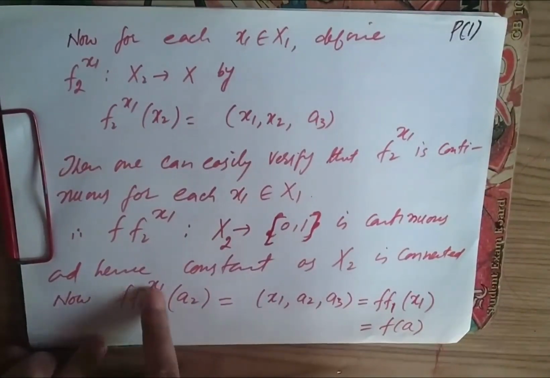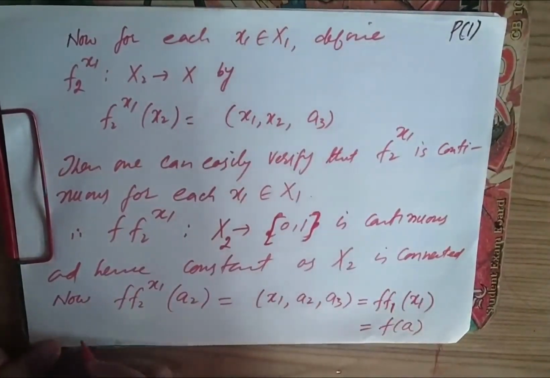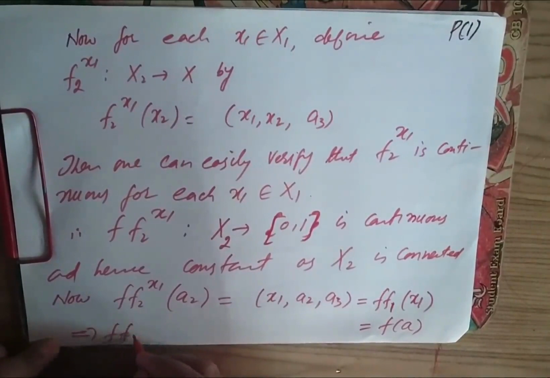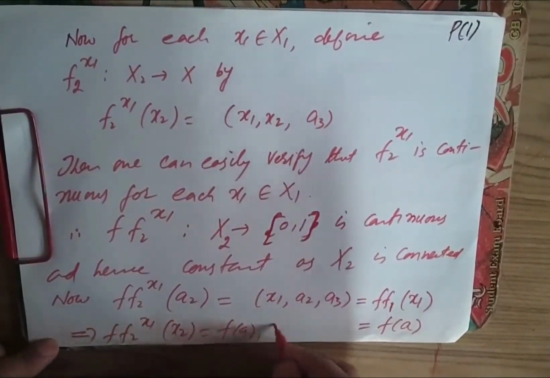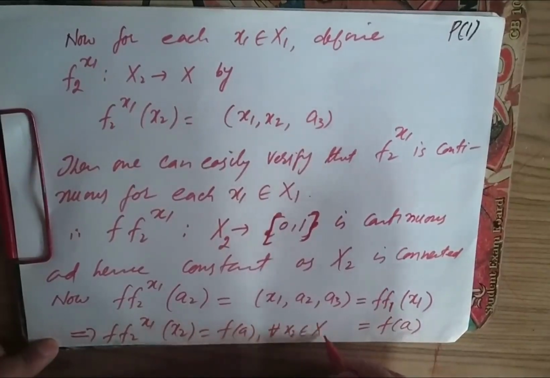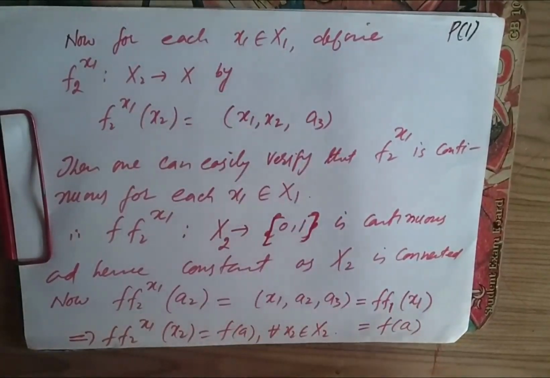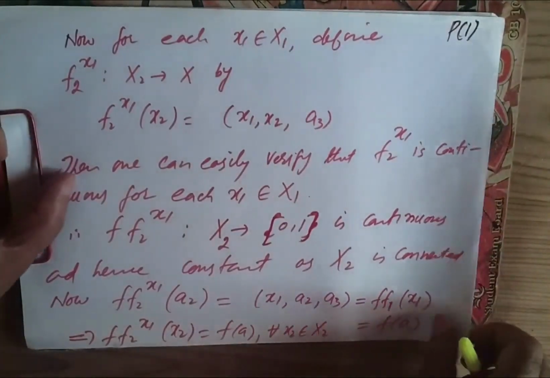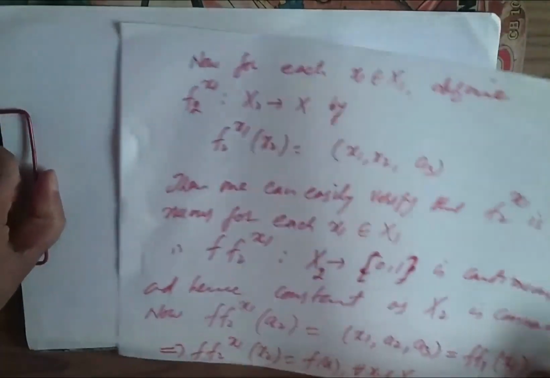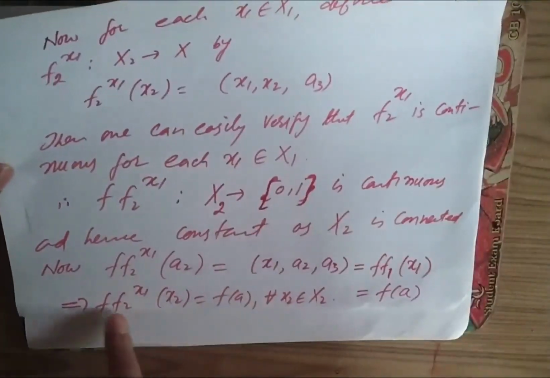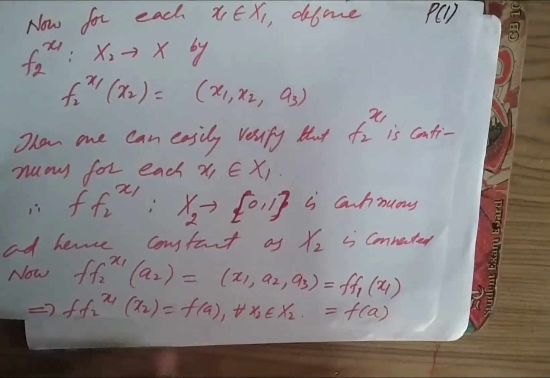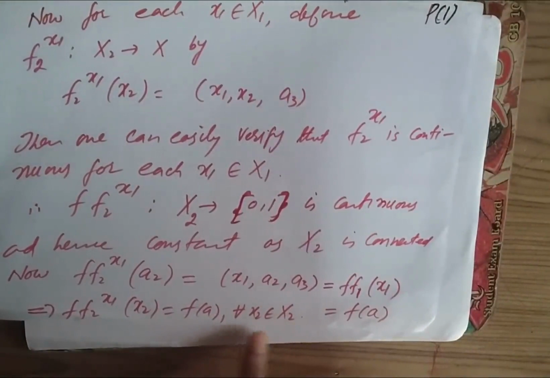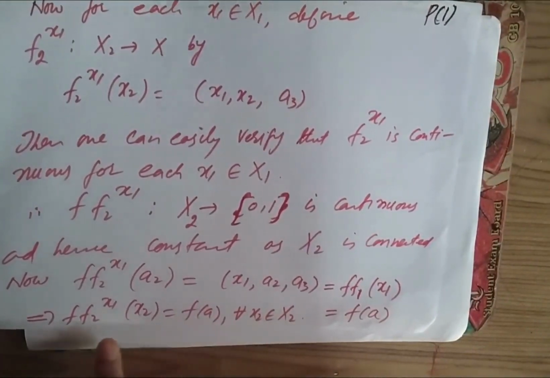So that means f∘f2 x1 at a2 is equal to f of a, which implies its value at every point is f of a. It's equal to f of a for all x2 belonging to X2. So this value is constant, so f∘f2 x1 at x2 is constant. It's equal to f of a.